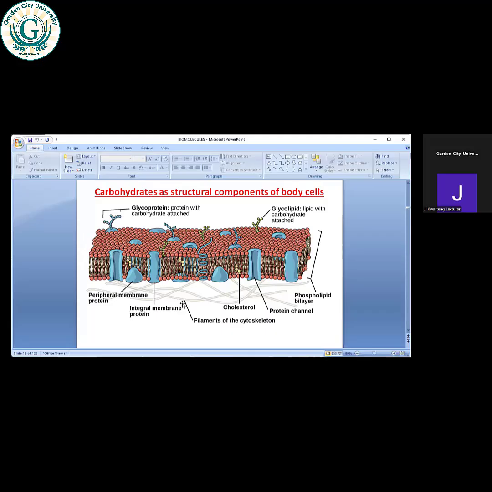So number one, as receptors. Number two, as transporters. And number three is that they also help the cell and confer on the cell unique identification. They help as an identifier of the cell.